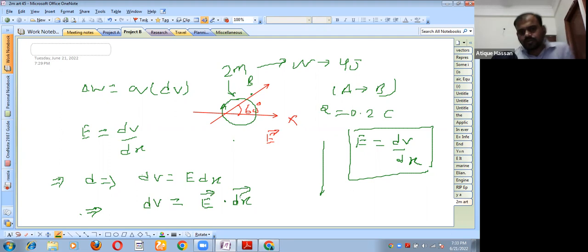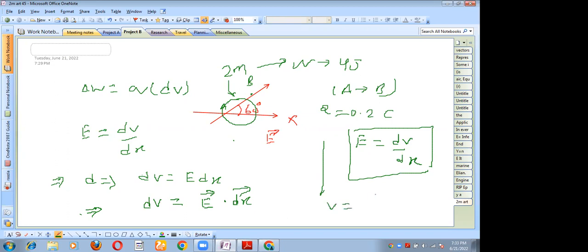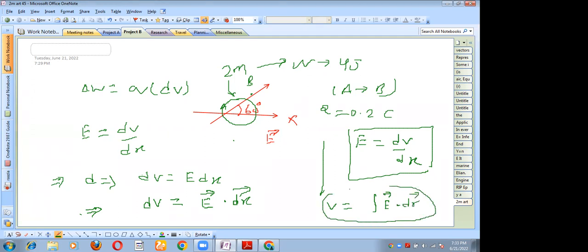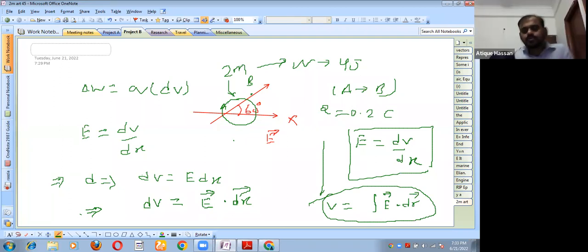Do you remember this formula? When you were integrating, the formula for potential is like this, E dot dr. Do you remember? Yes, sir. So for a general angle, we have to put the dot.